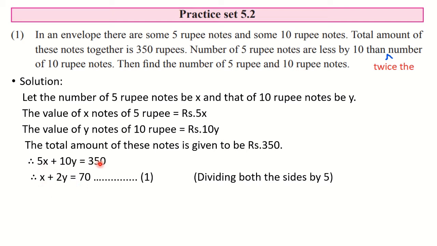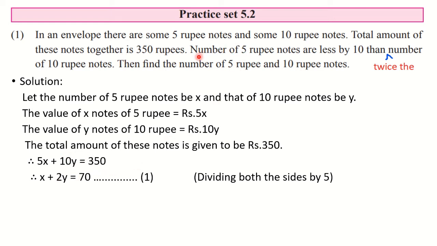Everywhere we have divided by 5 and now you number this as 1. See, I have written reason also that how I got this equation. I got this equation by dividing both the sides by 5. Okay. So by using the first condition, by using this statement, I found out equation number 1.